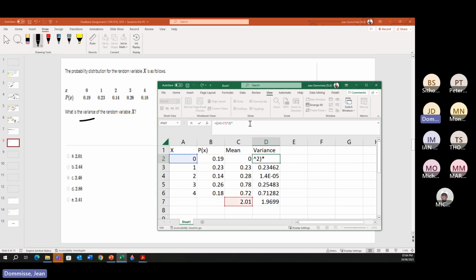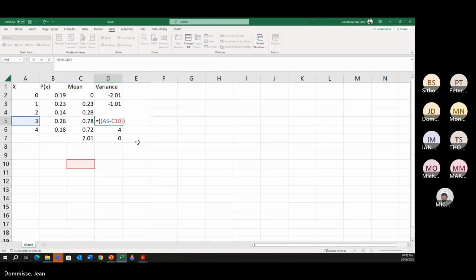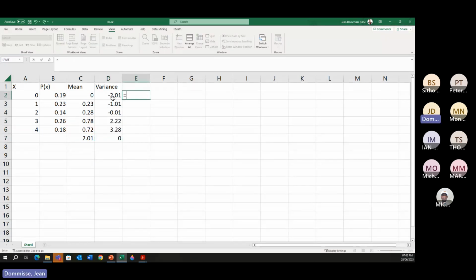Let's do it a bit differently. Okay, so that's X minus the mean, to see where this went wrong. Okay. So then it is that times that.